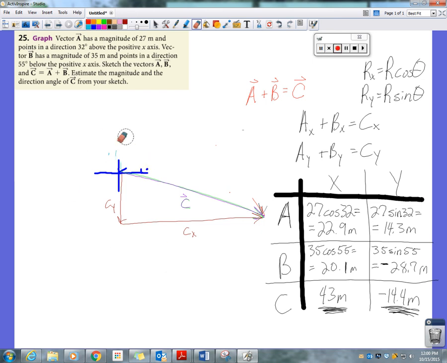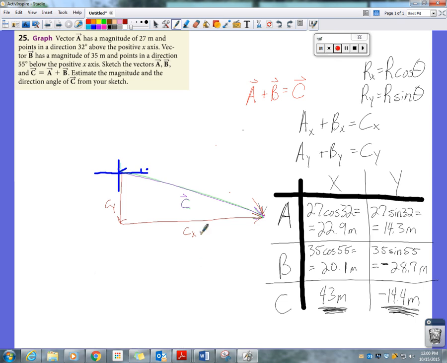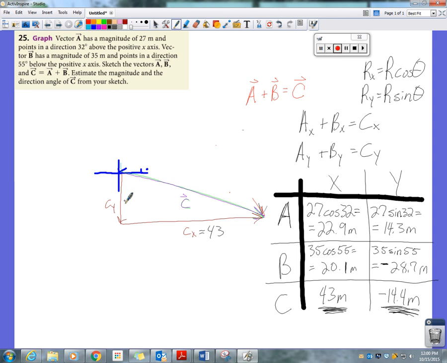So there's vector C. Okay, and we have Cx, which we just solved, we said was equal to 43, and Cy, which is equal to negative 14.4. So we want to find the magnitude of it, and the angle we're going to find is actually this angle.